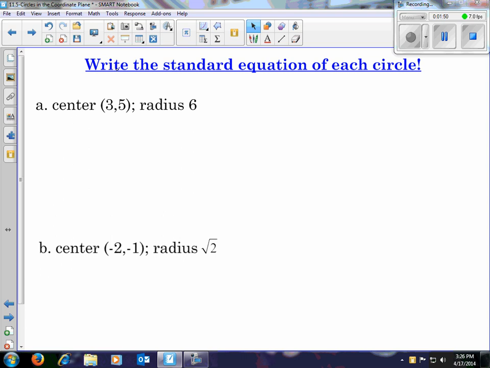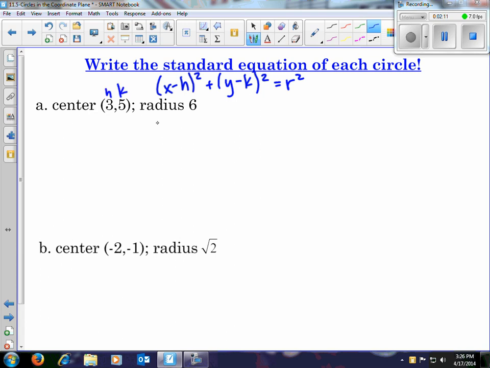So here's our first example. It says write the standard equation of each circle. Now the standard equation again is x minus h squared plus y minus k squared equals r squared. So I'm going to write all of this in this form. So my center is 3, 5, and this is going to be h and k since it's my center. So I'm just going to copy this formula with h and k and my radius.